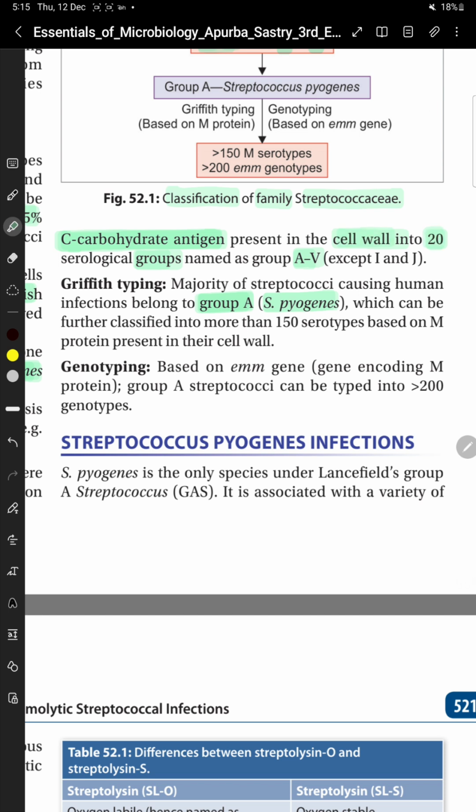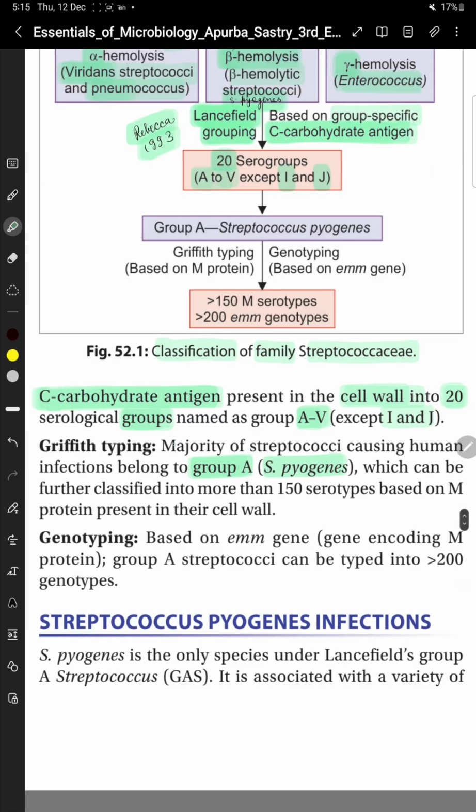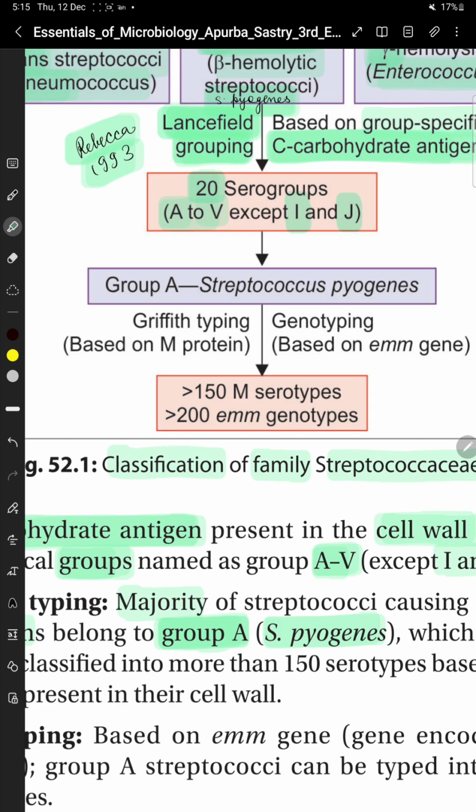And most of the streptococci which cause human infection belong to group A.